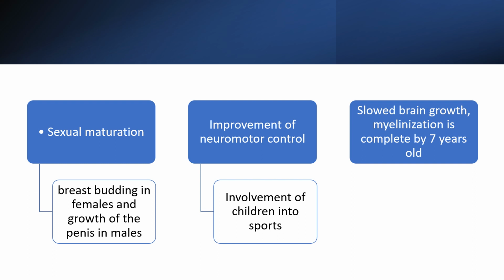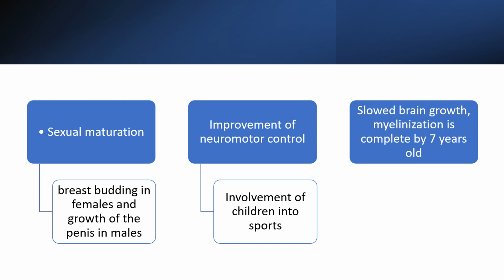Improvement of neuromotor control. What I mentioned in my previous presentation is why children are now being involved in taekwondo, joining sports, being very good in playing patintero, and many more. It's because they now have very good control of their neuromotor movements. They are learning techniques, learning to play guitar, and many more.